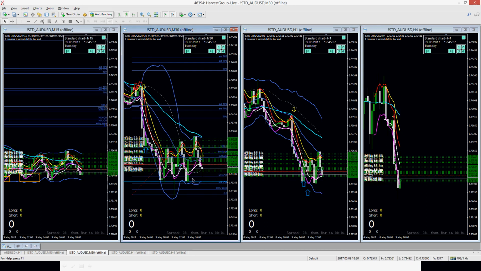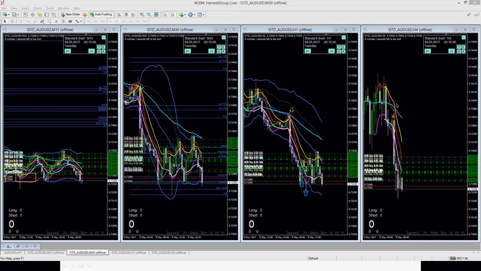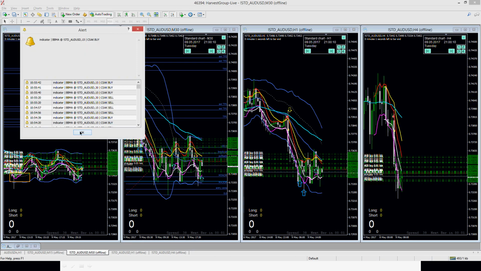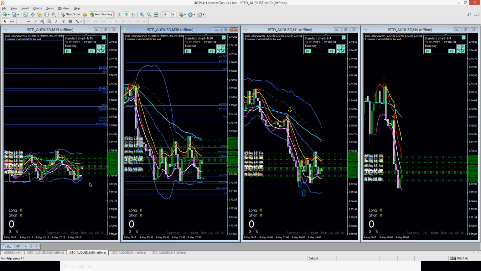Now the low BB is being tested again, as you can see. All the M15 is going sideways, as well as M30. So that's another cycle.